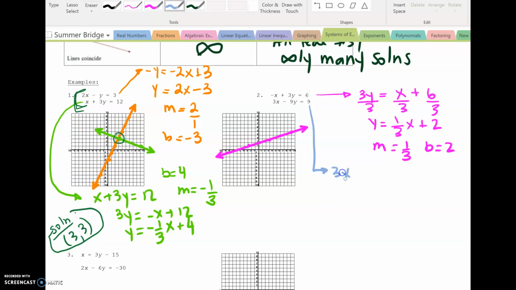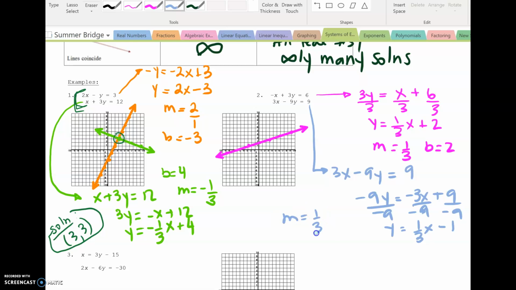So I have the 3x minus 9y is equal to 9. So I'm going to subtract the 3x on both sides. Divide every single term by 9. Negative 9. And we're going to end up with y is equal to a positive 1/3 x minus 1. So my m is equal to 1/3.